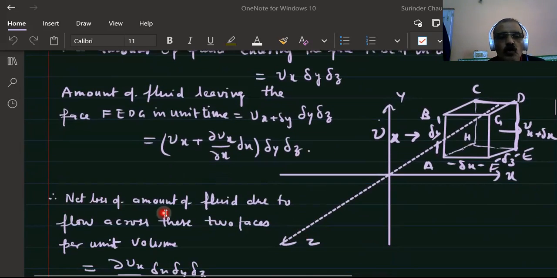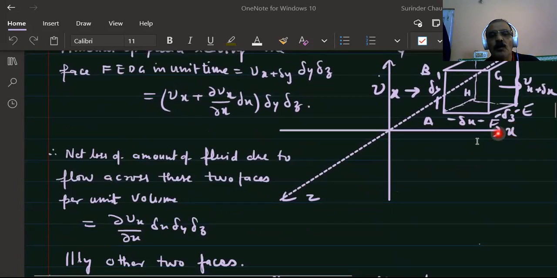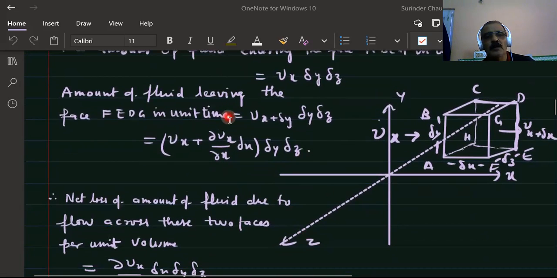Now the net loss of fluid due to flow across the two faces: the fluid enters one face and leaves the other, so the net loss of fluid due to flow between these two faces per unit volume will be given by leaving minus entering.